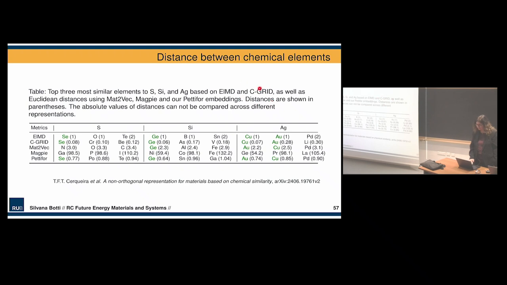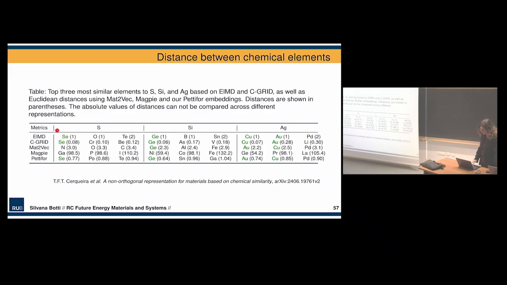And this is another one. The Sigrid distance is again an Earth mover distance, also based in some way on a concept of chemical similarity, not the same chemical similarity that we have defined. So if you compare, let's say, what is the closest chemical element to sulfur? Our Petty-4 embedding distance would say it's selenium, then polonium and tellurium.